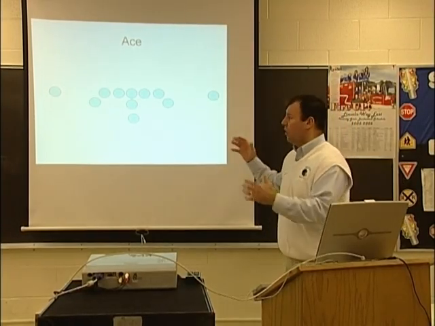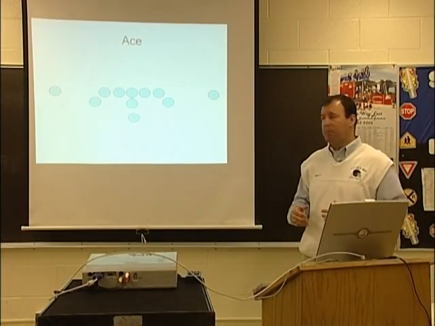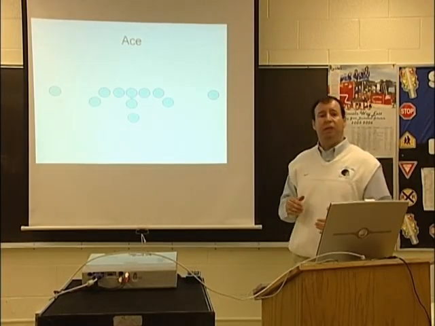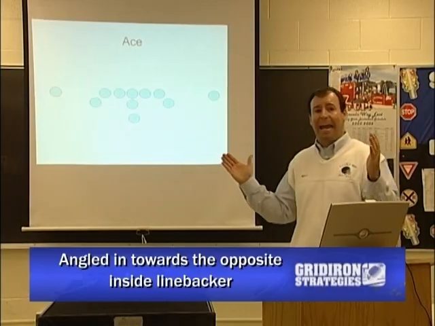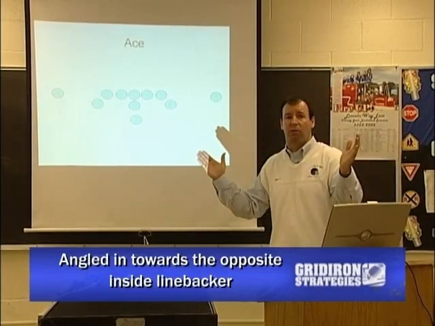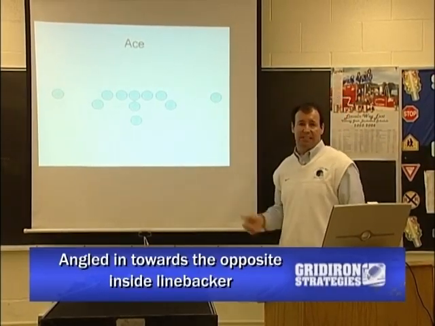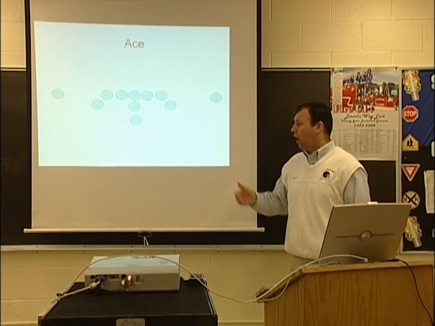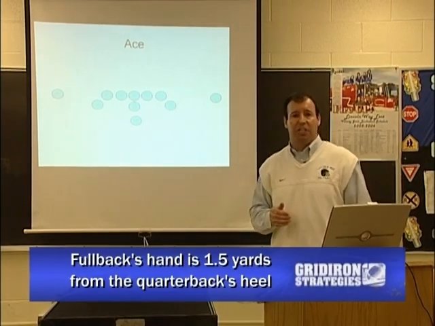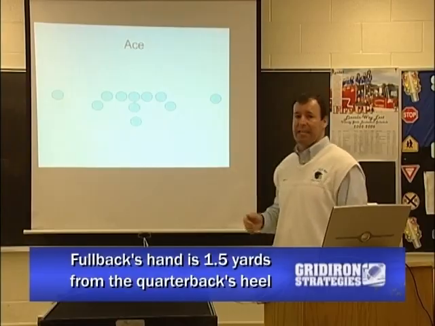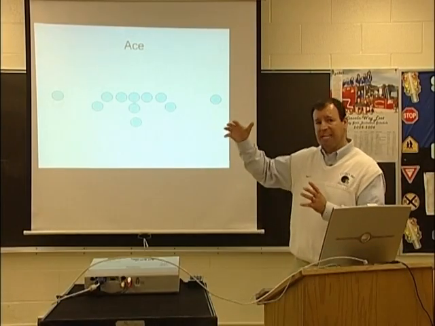And you'll see that when we get into our third segment with the plays. But he is exactly 2 feet from that tackle's heels, and he's angled in a half moon angle towards the opposite inside linebacker. Our fullback, his hand is 1.5 yards from the quarterback's heels, which is approximately 3 yards from the line of scrimmage.